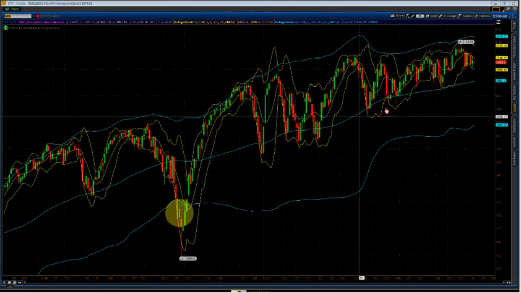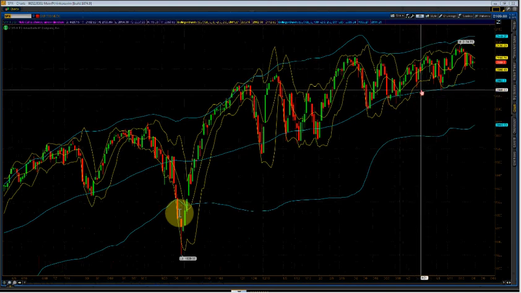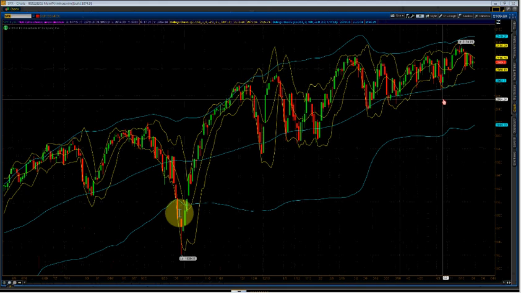And as long as I'm above the 100 SMA, I'm going to think short term for what types of trades? Short term on my shorts, right?